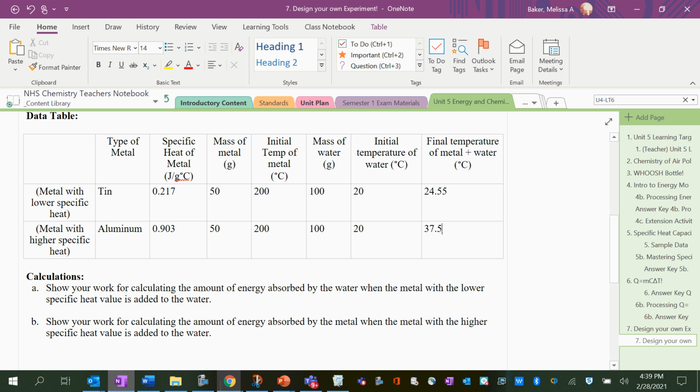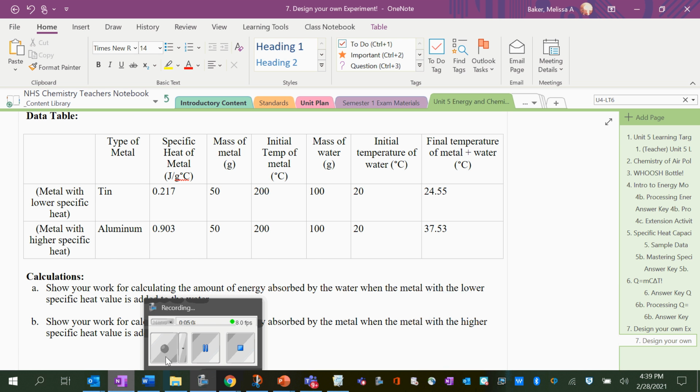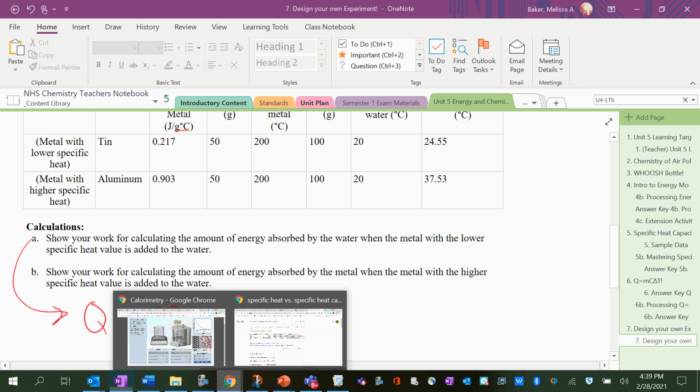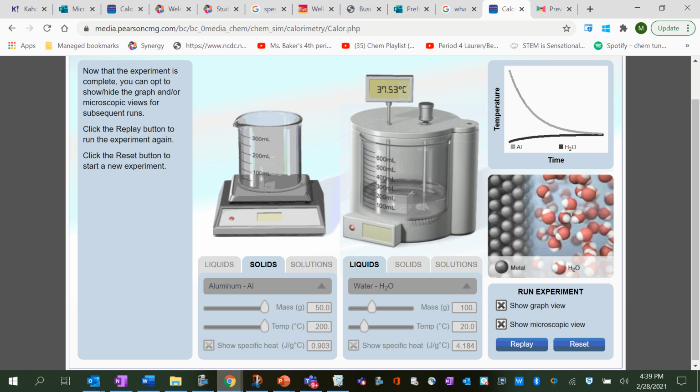37.53. All right, let's do some math. Show your work for calculating the amount of energy absorbed by the water when the metal with the lower specific heat value is added to the water. So we've got Q equals mass of the water, which is 100. Specific heat of water, I know we changed the number like 4.19, 4.18, 4.2.